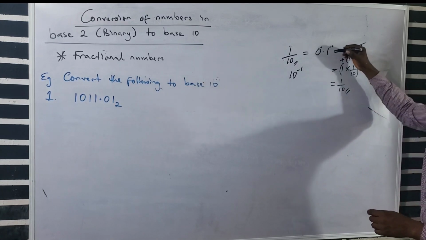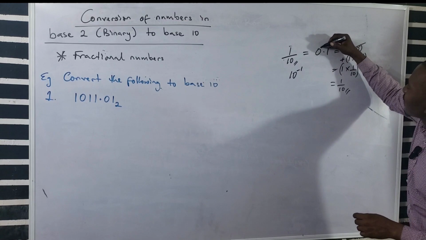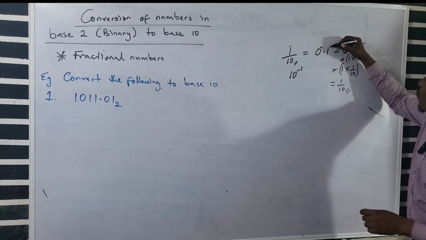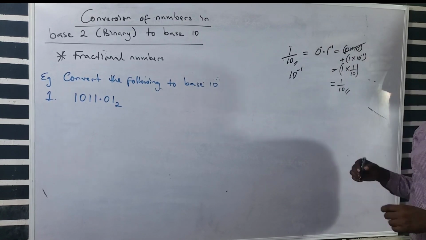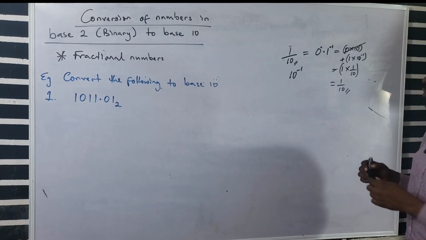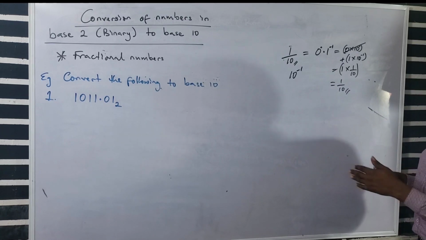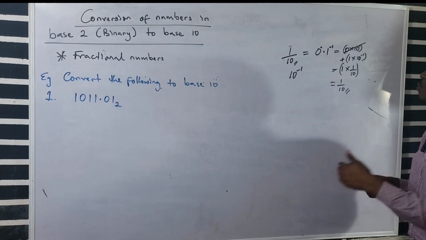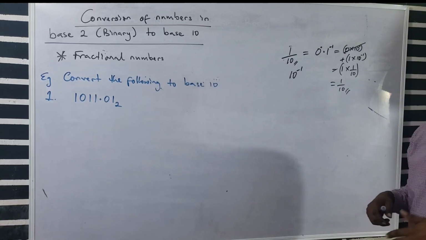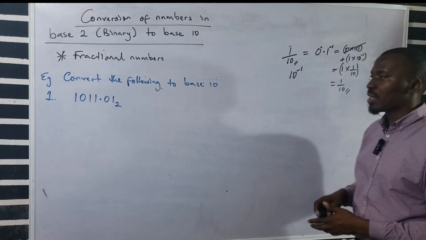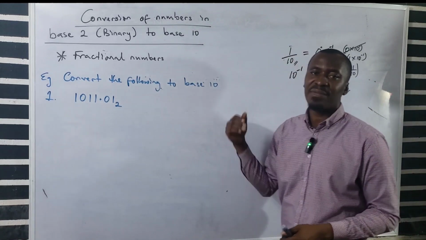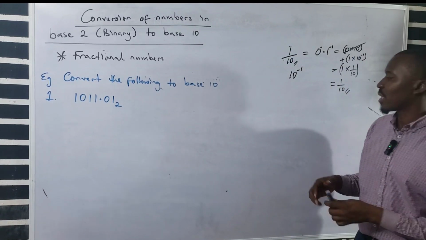So what does that mean? It means that after the decimal point, we are going to put our index in negative. So it will be negative index, which starts from -1, -2, -3, -4 till we exhaust the numbers after the decimal point. So what am I trying to say?